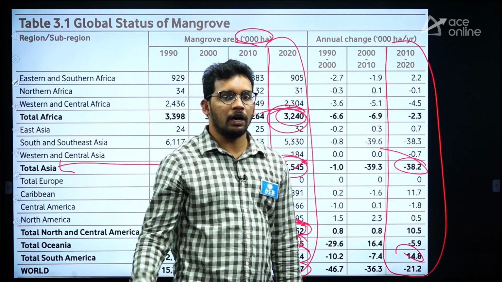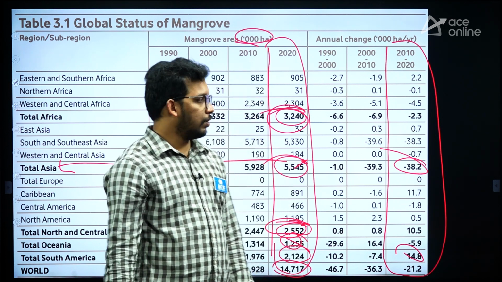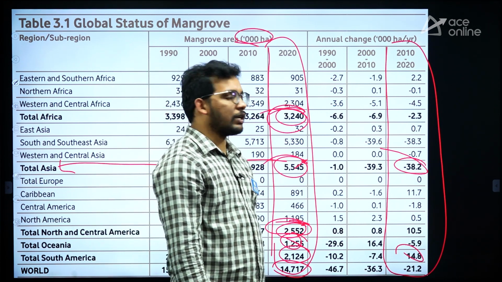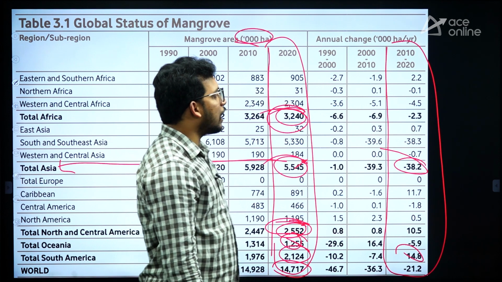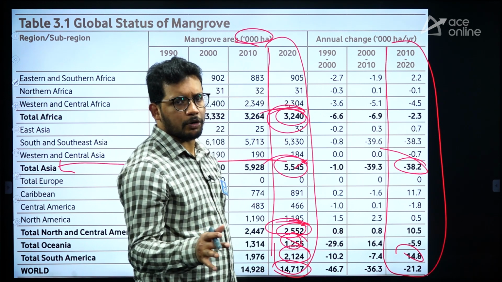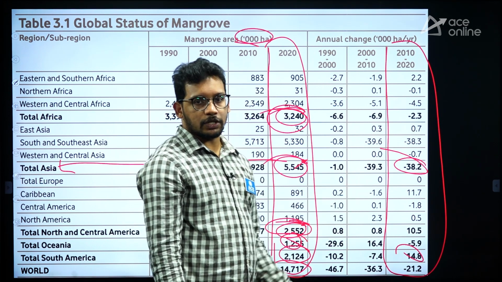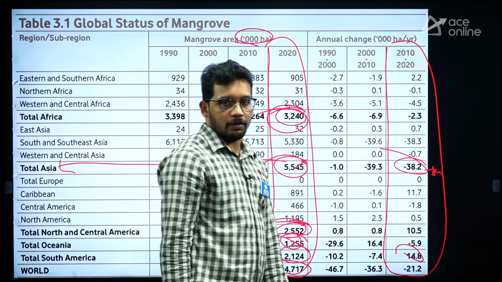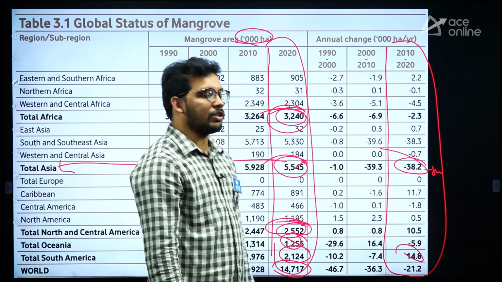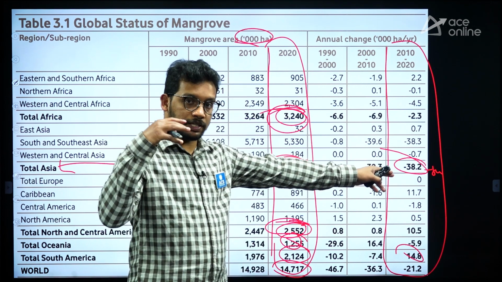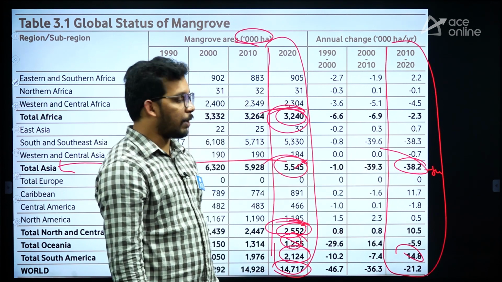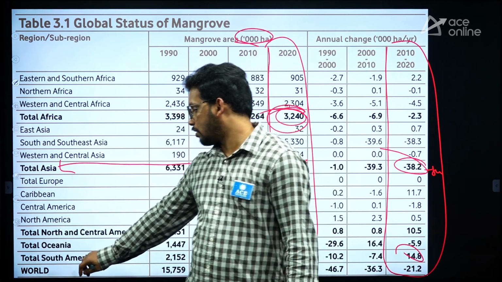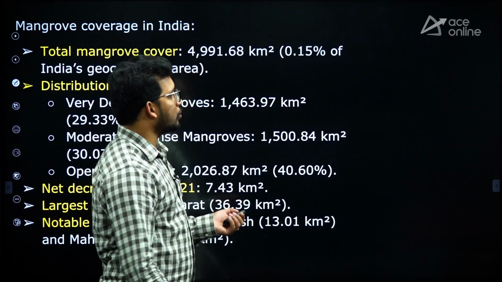Not the coral reef I am talking about, but the Sundarbans, a very popular mangrove forest in the Bay of Bengal region. Asia has seen the most decline in mangrove, and the highest increase is seen in the South American continent. This also you have to remember.